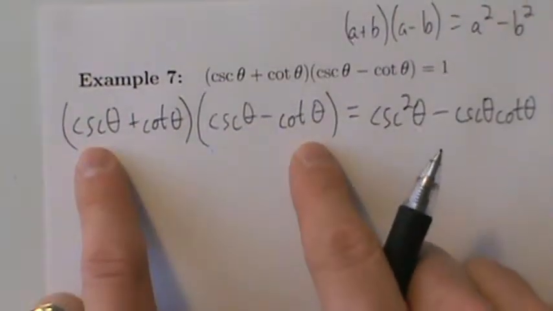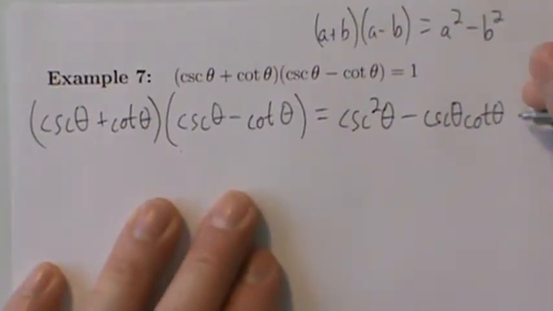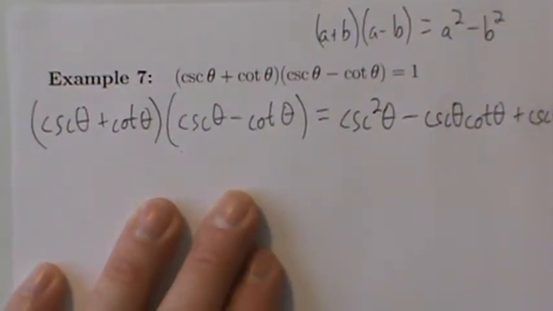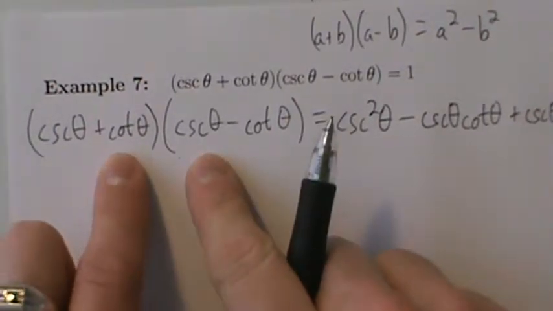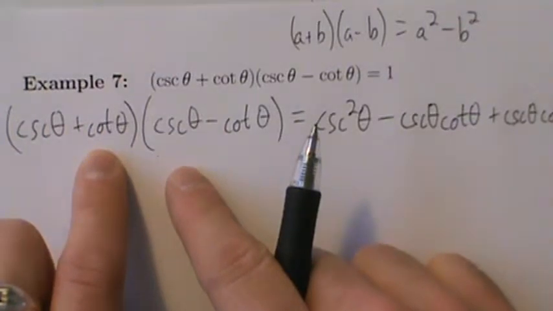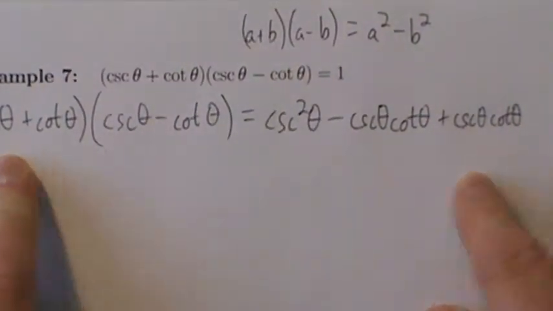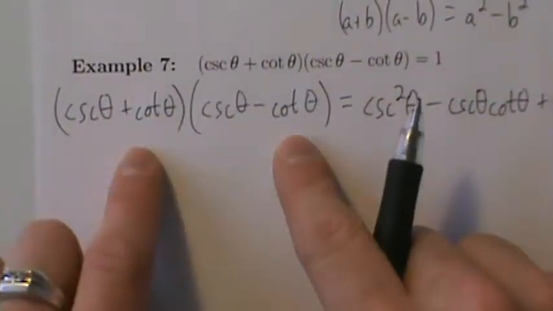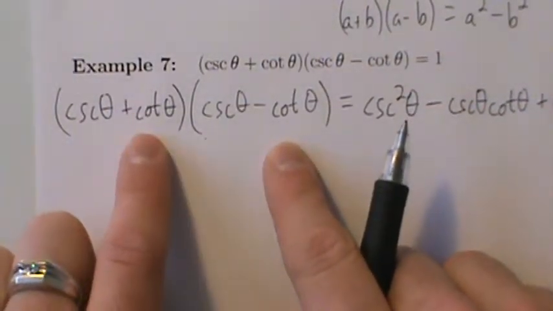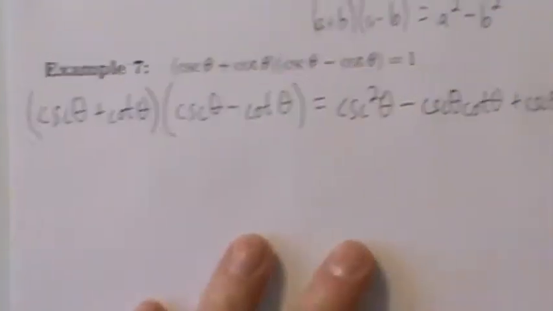And then inner is plus cosecant of theta times cotangent of theta. When you multiply two things, it doesn't matter what order you multiply them in, so even though cotangent comes first, I'm writing it like this. It does not matter at all. And then L for last, in F-O-I-L, is minus cotangent squared of theta.